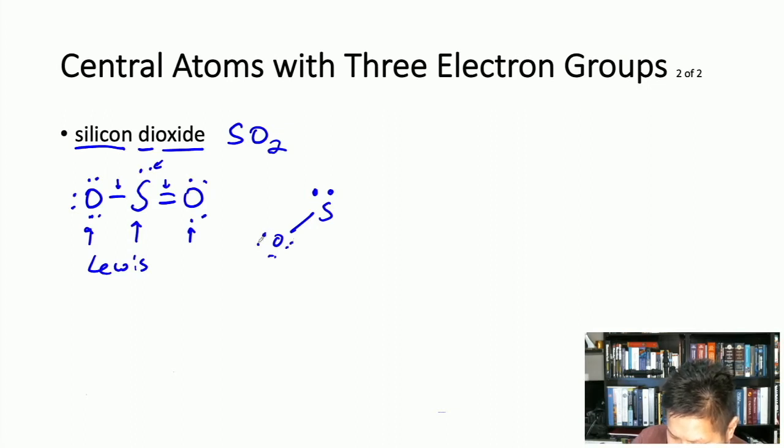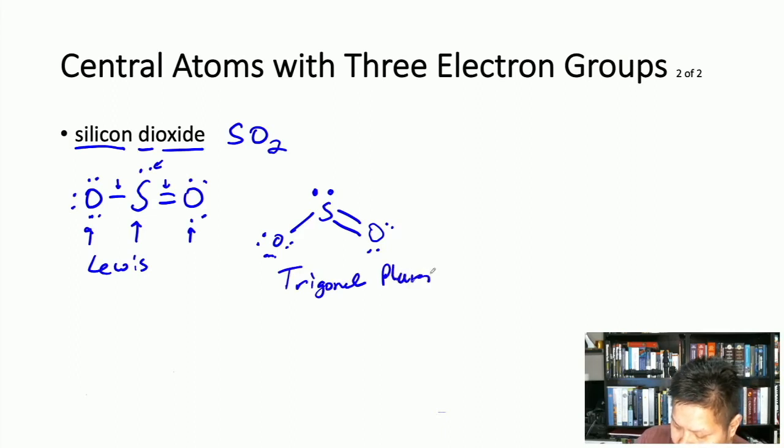Sorry, those oxygens' electrons are kind of messy, but there are 3 lone pairs down there. And draw my double bond down. And it has 2 lone pairs, right? So again, this is a trigonal planar electron group.